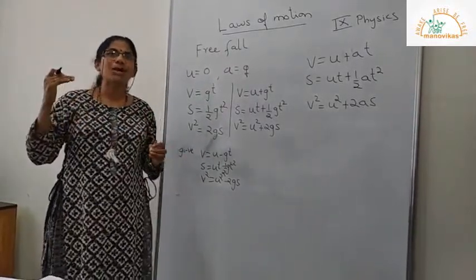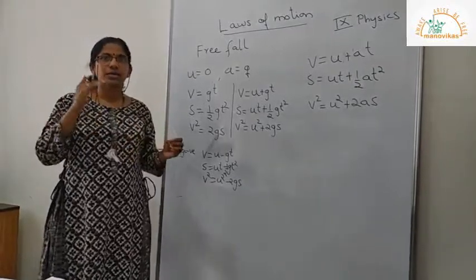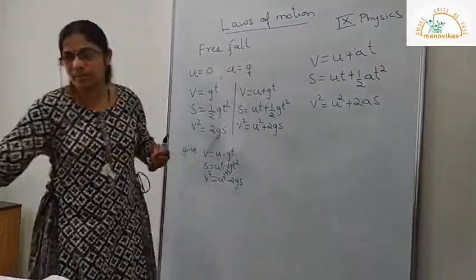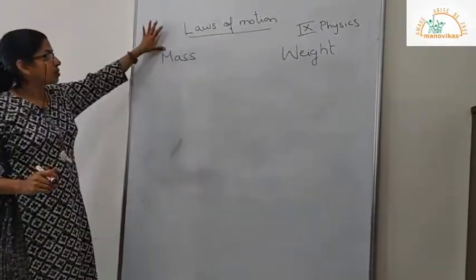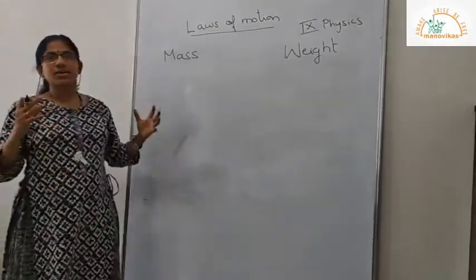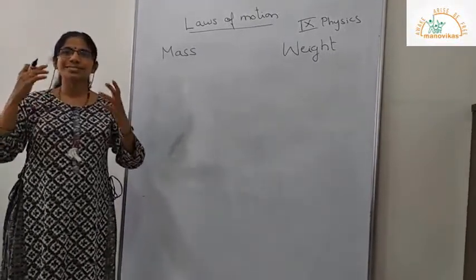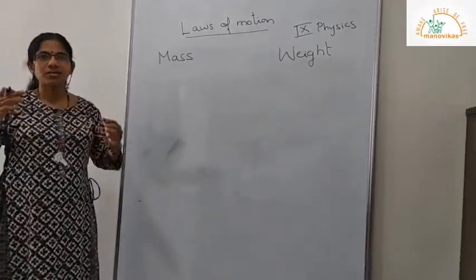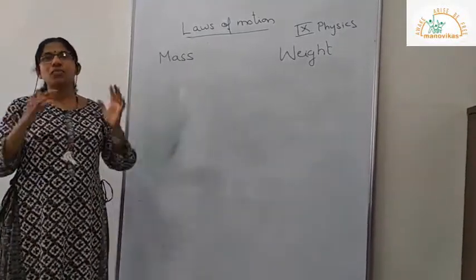Now let's see how mass is different from weight and about its unit. Mass of an object is in fact how much matter is present in a particular substance. Mass does not change from place to place.